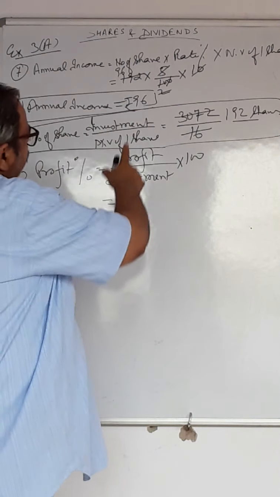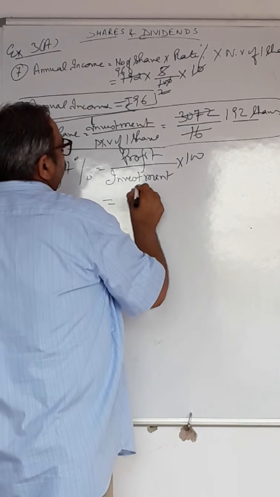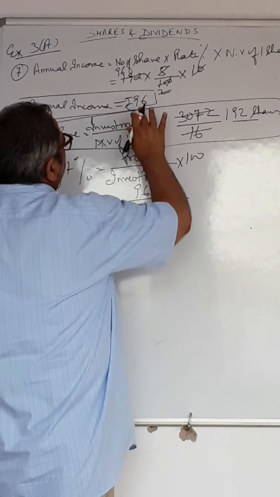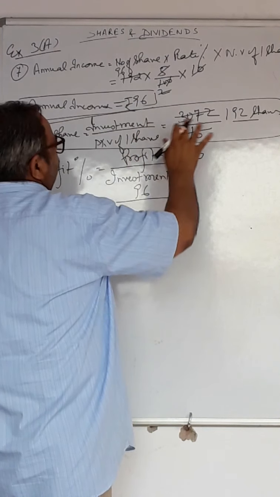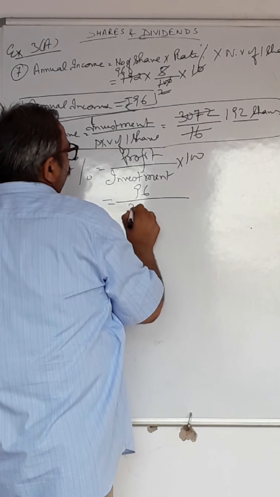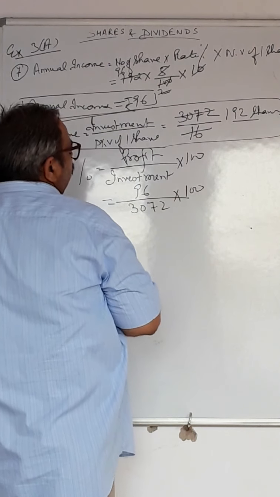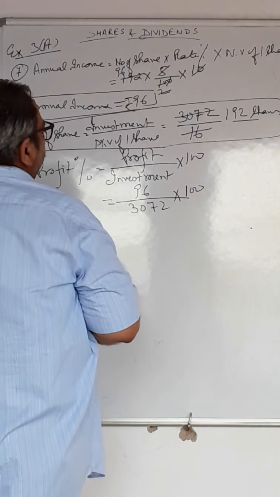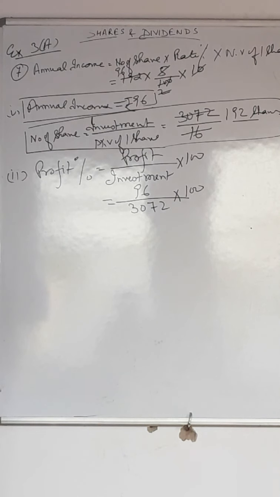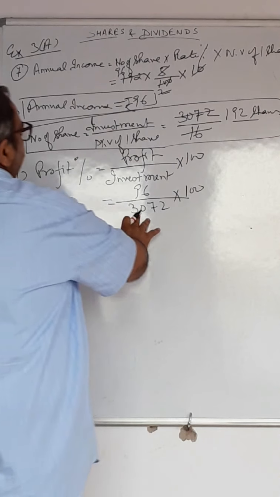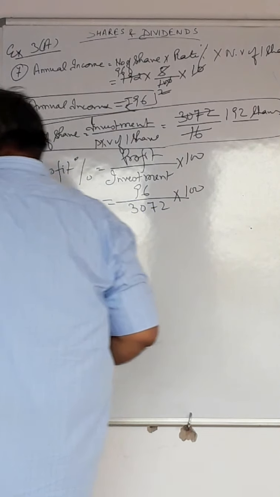Profit how much? 96. Investment, how much money is invested? 3072 into 100. Check multiplication, calculation, substitution. Profit 96, investment 3072 into 100.